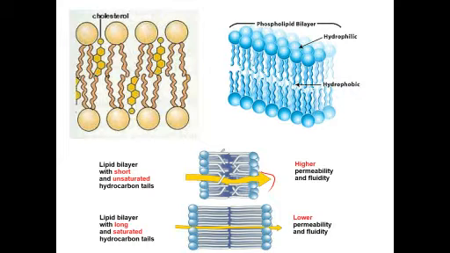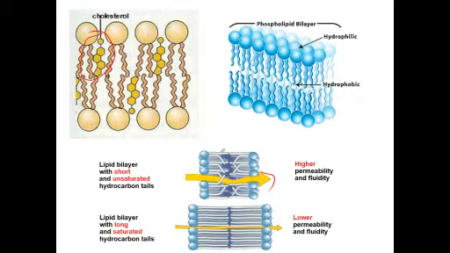Now, in animal cell membranes, there's another component that you find in the membrane besides the phospholipids and proteins. You also have cholesterol. Cholesterol, again, is an example of a lipid. But in this case, this particular lipid is a steroid.